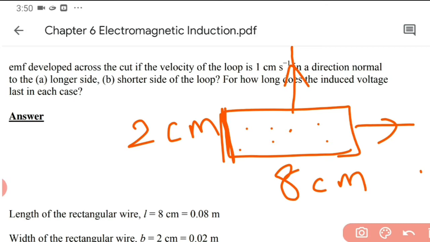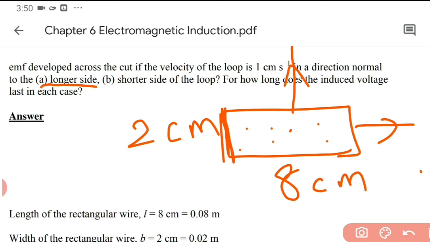So 2 cm divided by the speed, 1 cm per second; distance by speed will give you time. So in the first case, the time will be 2 cm by 1 cm per second, that is 2 seconds.